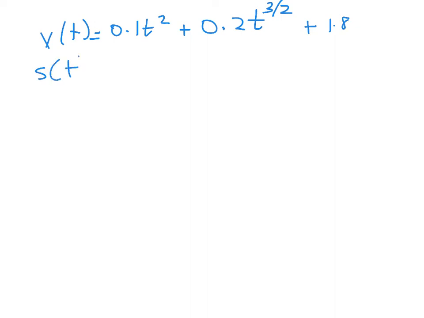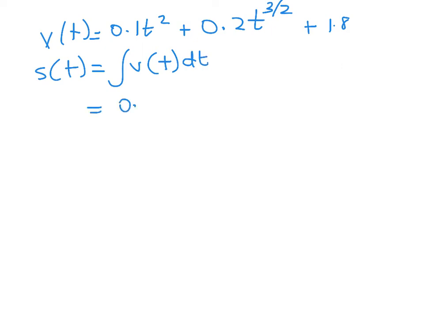So v of t equals 0.1 t squared plus 0.2 t to the power of 3 over 2 plus 1.8. S of t is the antiderivative of v of t.